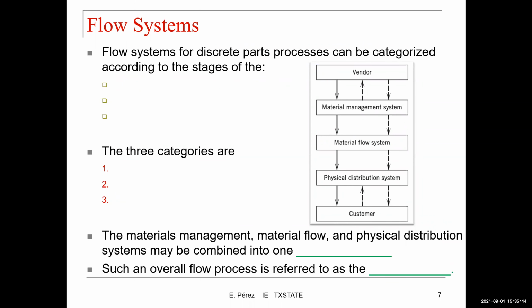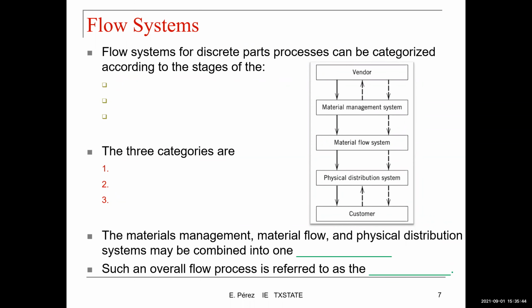The materials management system is going to take that information and that material, and find a way to bring it to the manufacturing side. Inside the manufacturing side, we have the material flow. You're going to be moving those materials, and that movement is related to the process that you need to follow in order to get the final product.